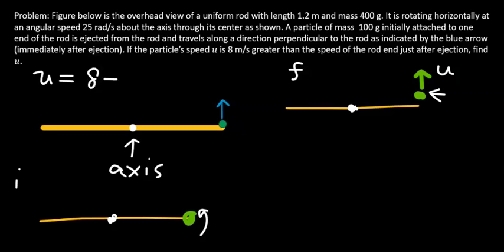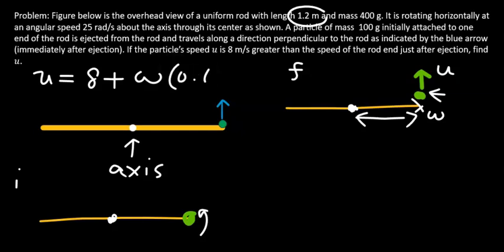So it is 8 plus the linear speed of that end. So let's assume that the rod is rotating with an angular speed of omega. So it is omega times this distance, which is half the length of the uniform rod, and that means it is 0.6. So if you know what omega is, you can figure out u.